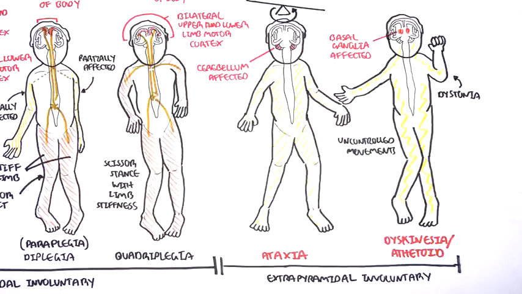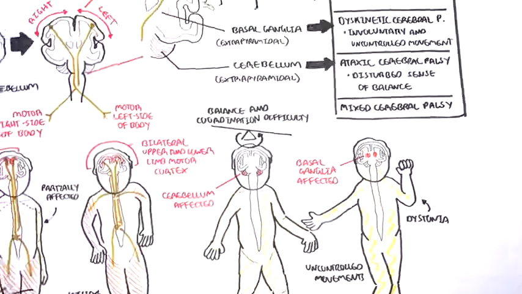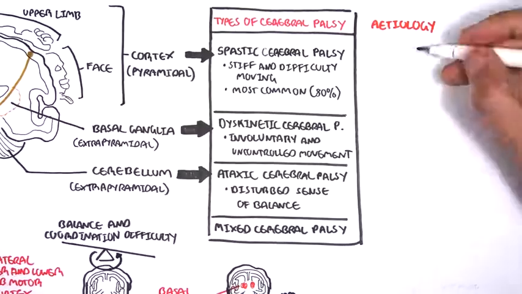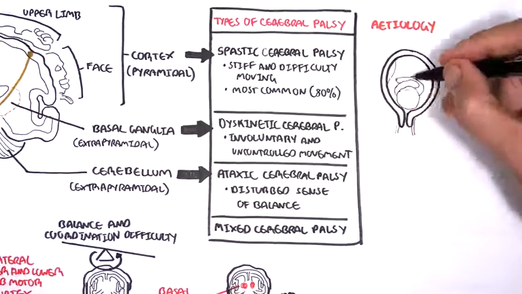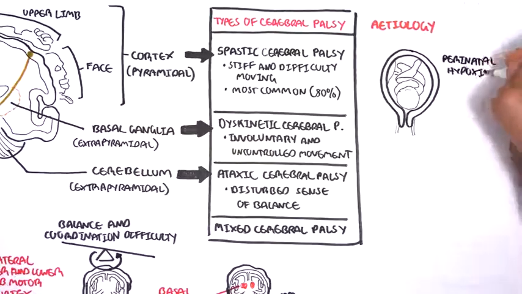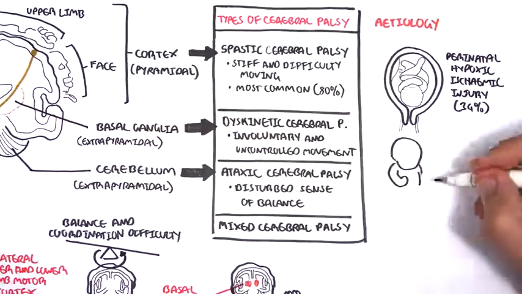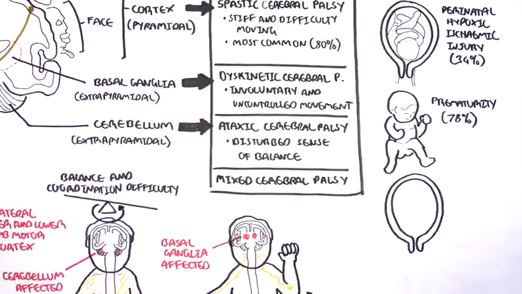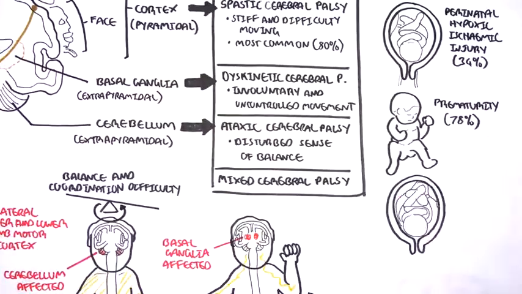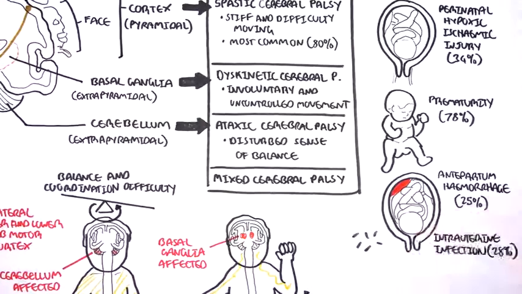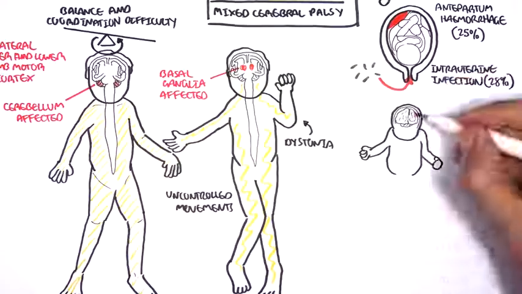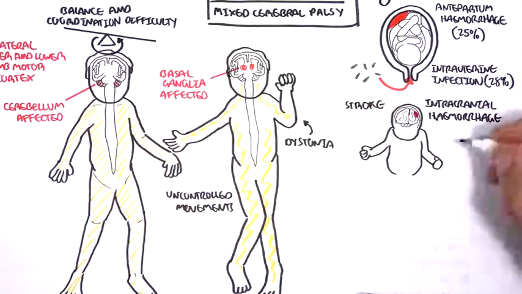So what causes cerebral palsy? Well, there is no exact cause, but there are thoughts that a number of things could have a relationship to cerebral palsy. And these include perinatal hypoxic ischemic injury, prematurity, which is seen in the majority of cerebral palsy patients, antepartum hemorrhage during pregnancy, and intrauterine infections as well, intracranial hemorrhage in the fetus or fetal stroke.